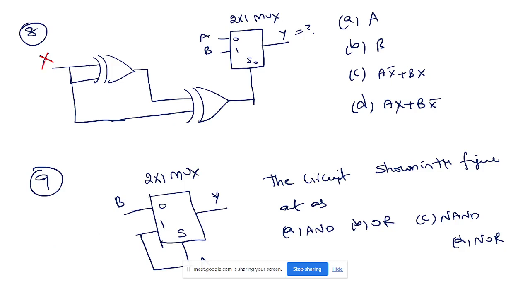What is Y in terms of A, B and X? These are XOR gates.